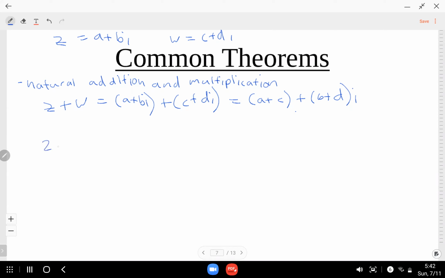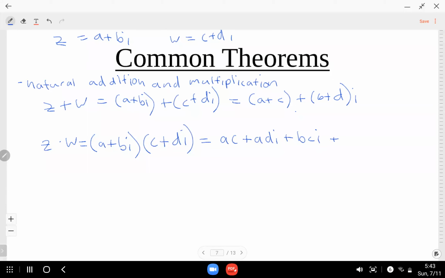So for multiplying, z times w. Basically a plus bi times c plus di. Hold on a second. And we're going to get ac plus adi plus bci, and then plus bdi squared.